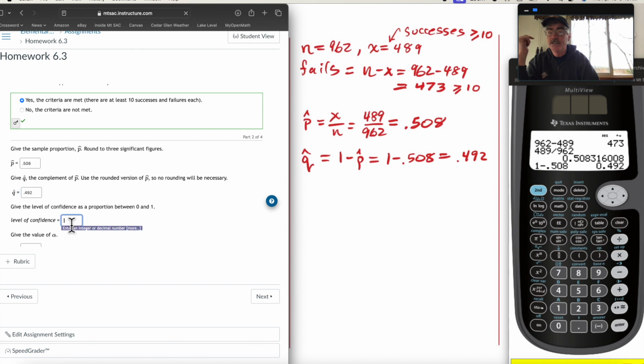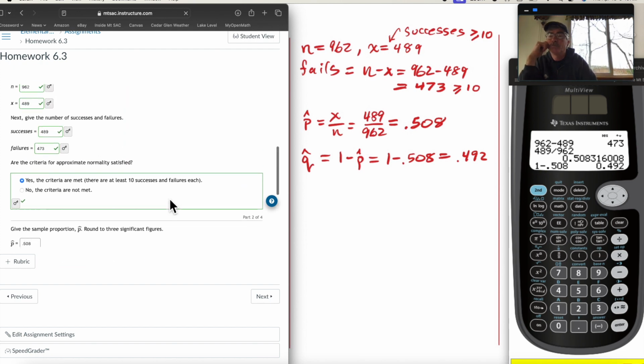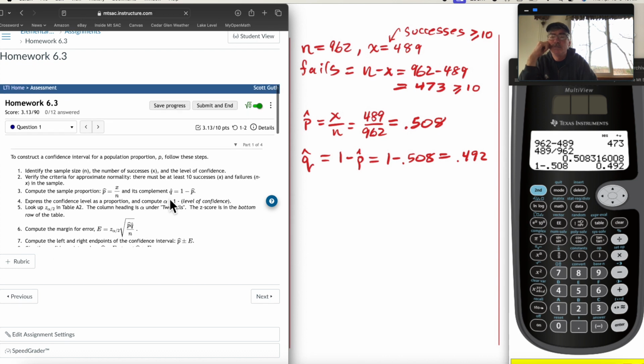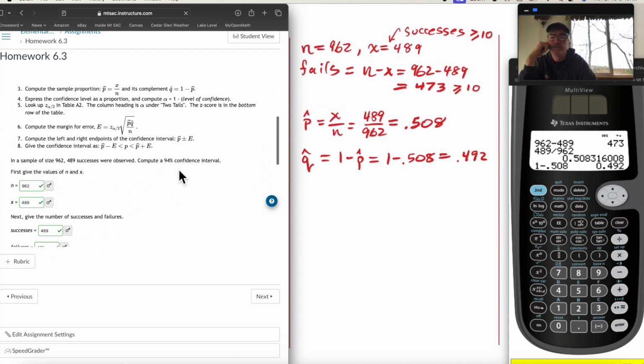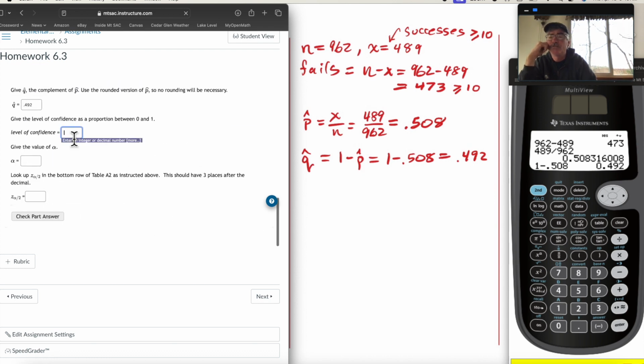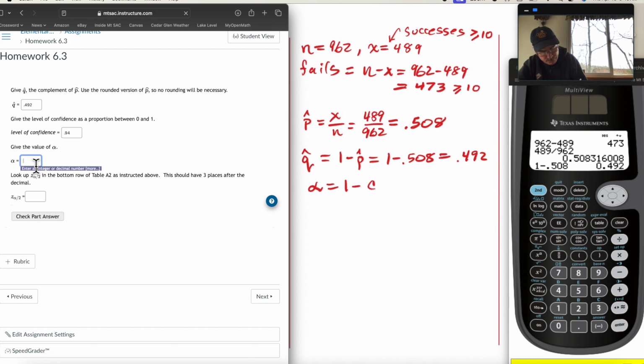Okay, now we got to look at the level of confidence in this problem. So up above, where? Right here, 94% confidence interval. So we'll say the level of confidence is 0.94. Okay, and then our alpha value, we can put down here, alpha is 1 minus the confidence level.